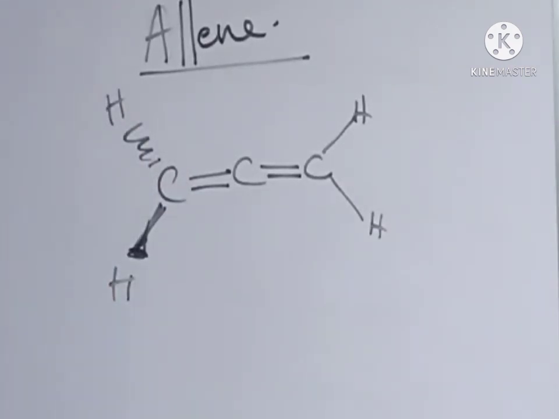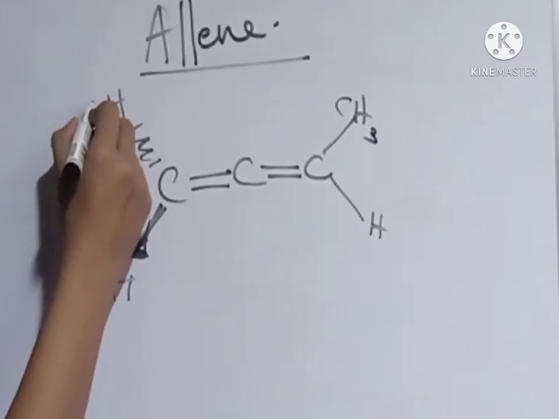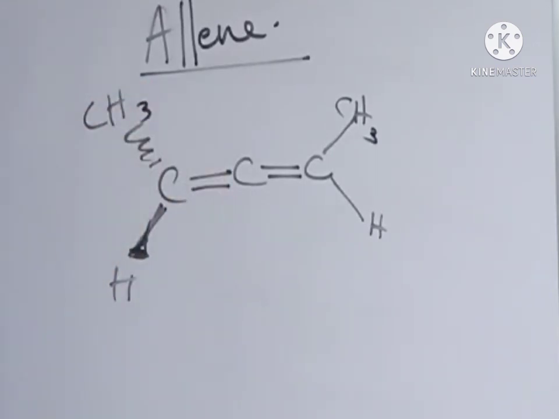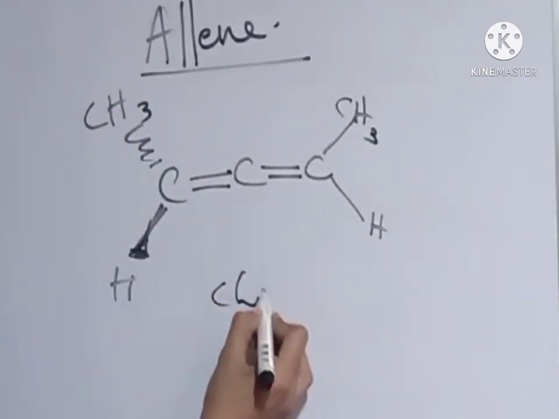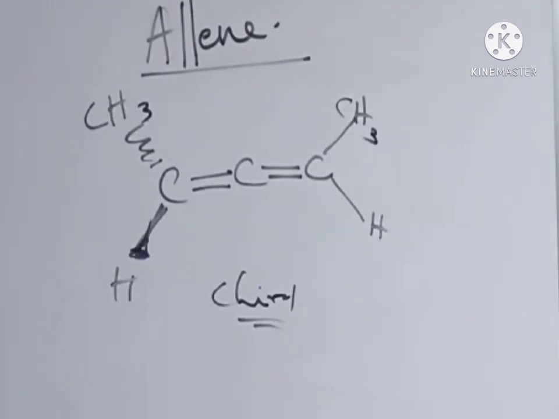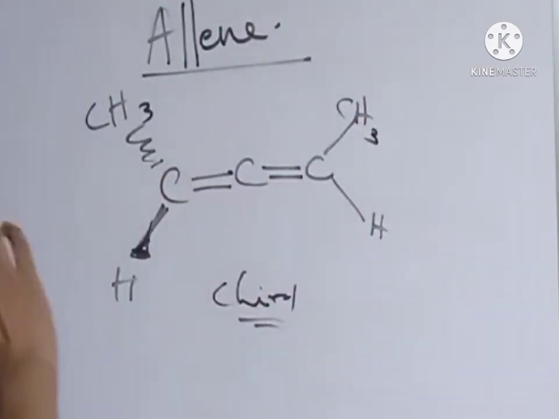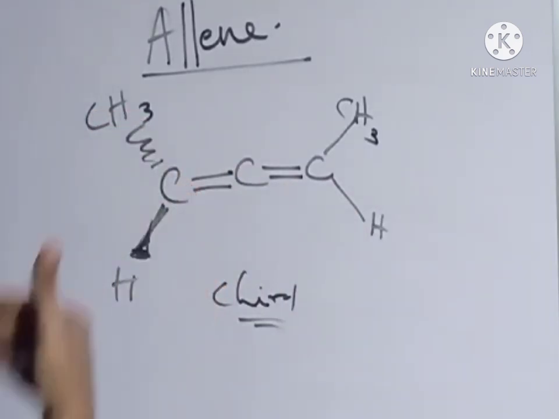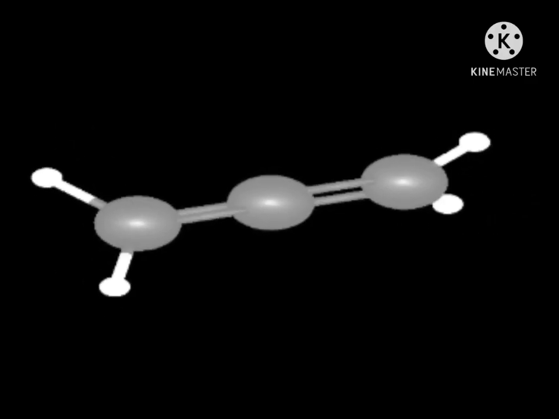So if you substitute a CH3 group here, in the same way this H is replaced by one CH3 group, then this molecule is chiral. By simply looking, we'll think this is an achiral molecule because we'll think there is a plane of symmetry. But actually this molecule does not possess any plane of symmetry. Here, these two groups are lying on the plane, and this group is projecting towards us and this one is projecting backwards. This is the structure of allene system.